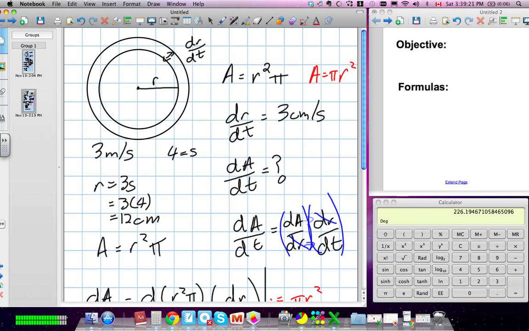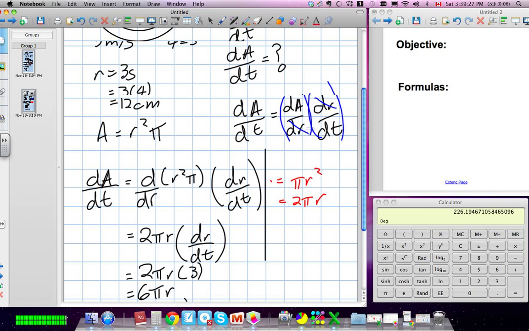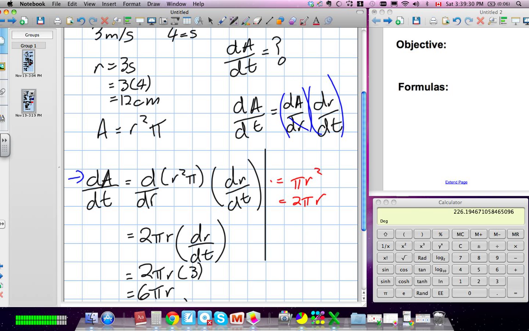So now what we do is we're going to start plugging things in. We're solving for the change in radius over time. Now this part here is essentially this equation, except that I've plugged in the area formula for A. So we know that our area is equal to r squared times pi, or pi r squared. So I've replaced the A in that part of the equation with pi r squared. Okay.